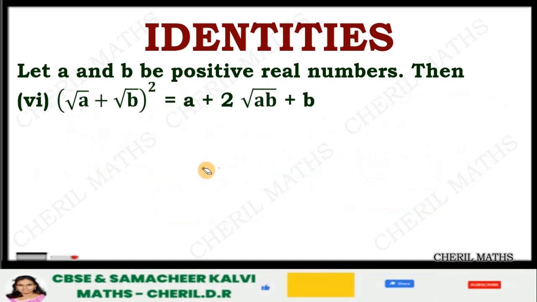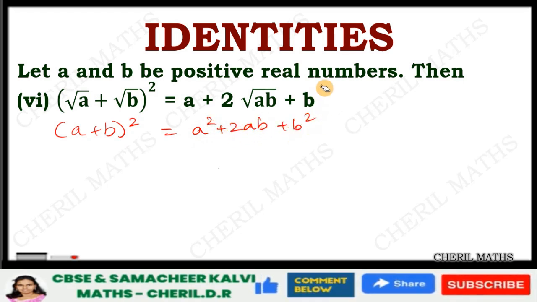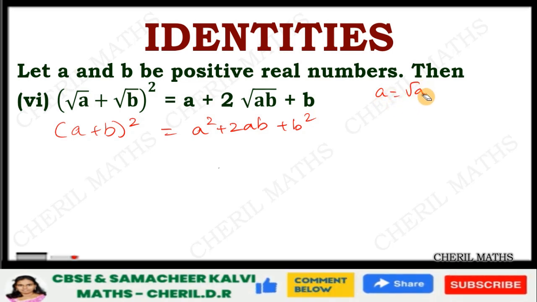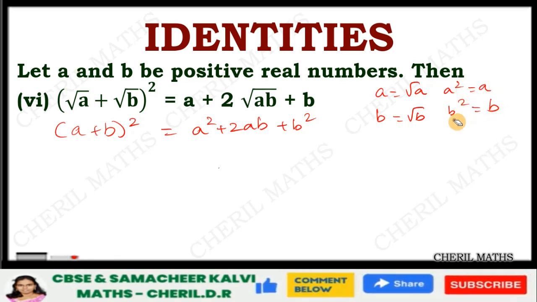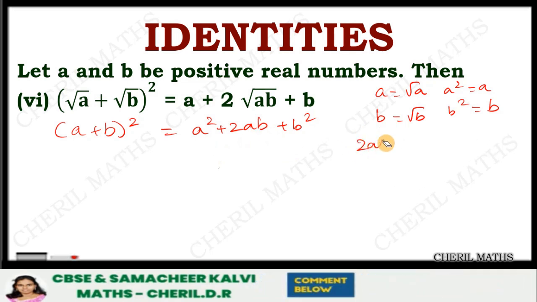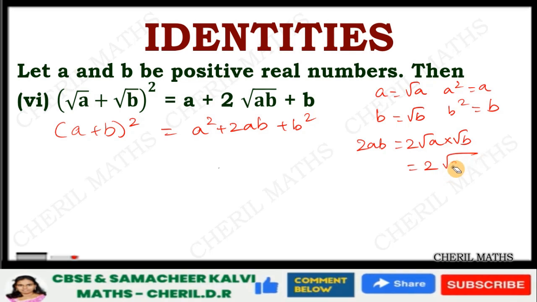We have one more thing. Root a plus root b the whole square. What is it similar to? a plus b the whole square. What is a plus b the whole square? a square plus 2ab plus b square. So for a you have the square root of a, for b you have the square root of b. For a square it will be a, for b square it will be b, and for 2ab it will be 2 into root a into root b, which is nothing but 2 into root ab.